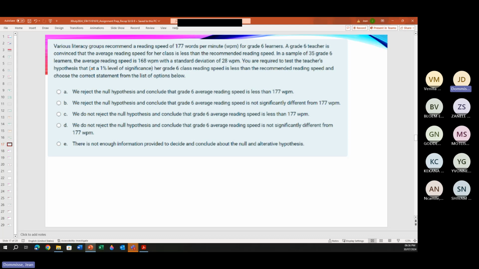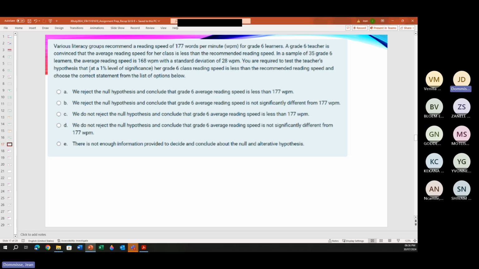So let's look at this one. The reason why I've included this one, it wasn't in a previous one, is that here they are specifically looking at the null hypothesis versus the alternative, and you need to make a decision if you accept it or reject it.